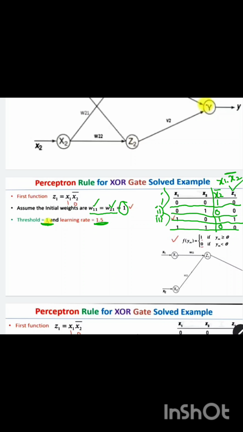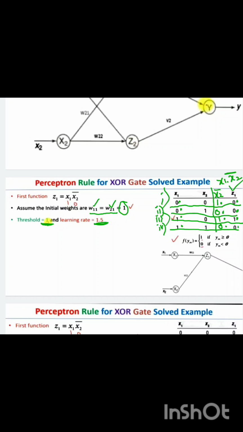So x1 into x2 bar we have to find out. So x1 into x2 bar is 0 here, x1 into x2 bar is 0 here, x1 into x2 bar is 1, and in the fourth case x1 into x2 bar is again 0. So the only case where we will get the output as 1 would be the third training sample.